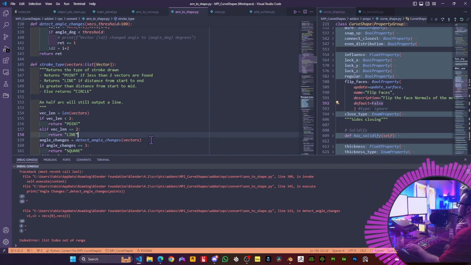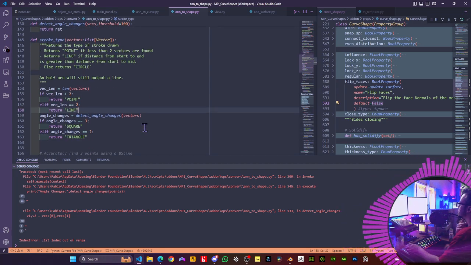Never reached this. So I got more than 2 points on those lines. All right. Well, if I have 3 points, why does angle change give me an error?